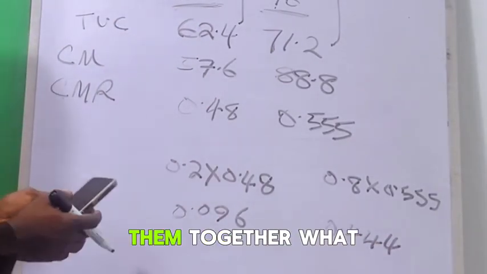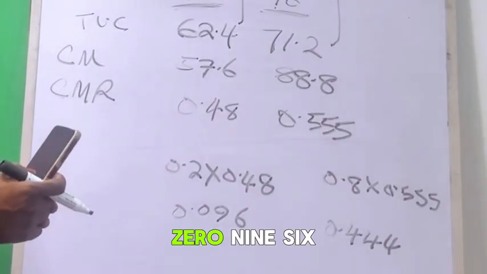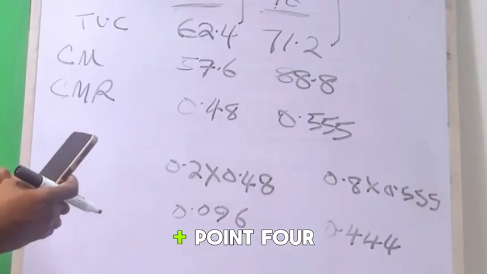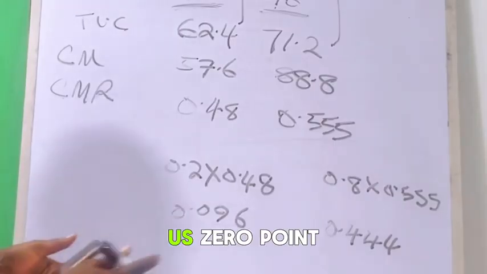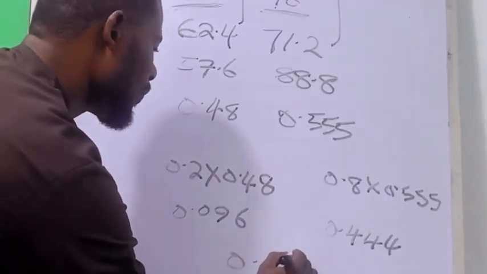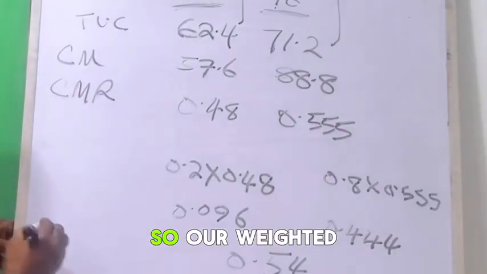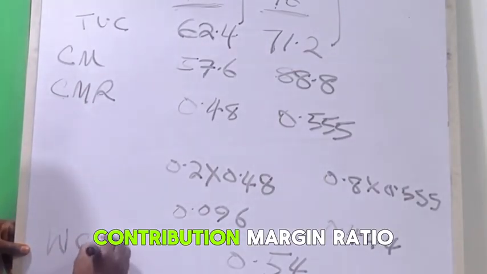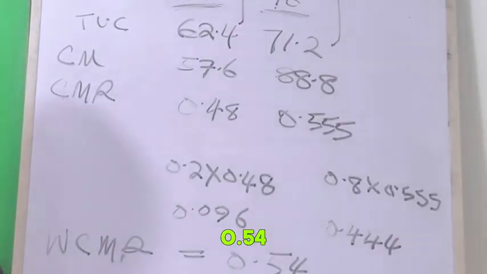Now when you add them together, what do you have? You have 0.096 plus 0.444. This will give us 0.54. So this is the weighted contribution margin. So our weighted contribution margin ratio is equal to 0.54.